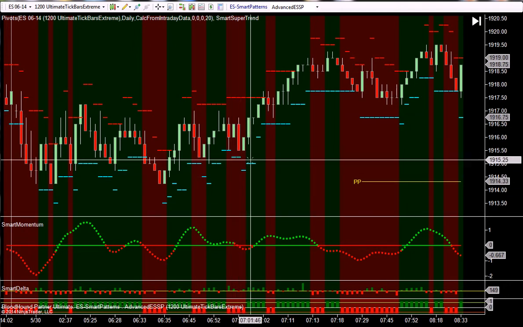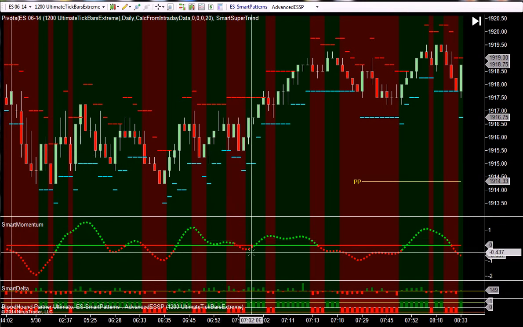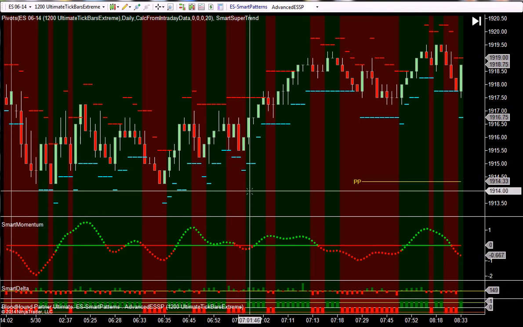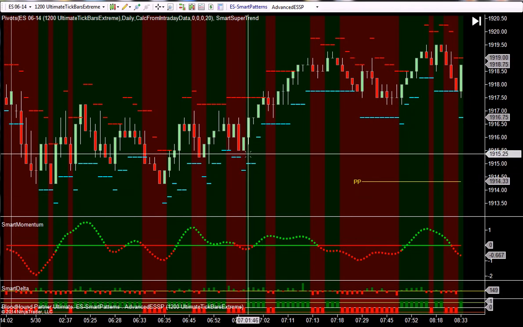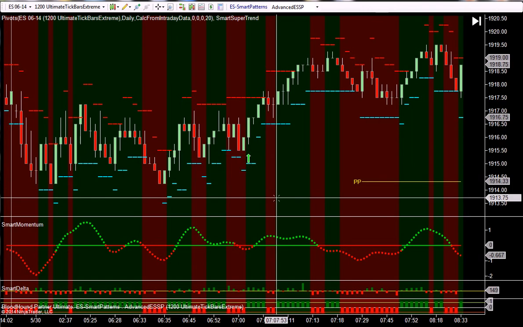The first setup of the day is here because this oscillator was going lower. This oscillator adjusts itself to the cycling, and so I'm going to use the Alt F3 key and just mark that. Oops, I'm sorry, it's Alt F2 key, and mark that as a buy.